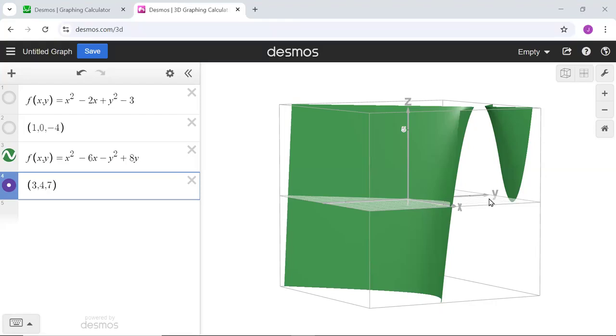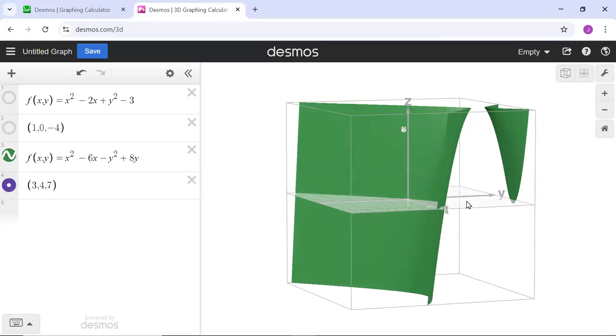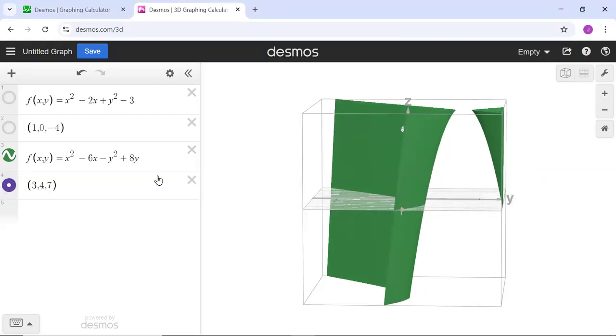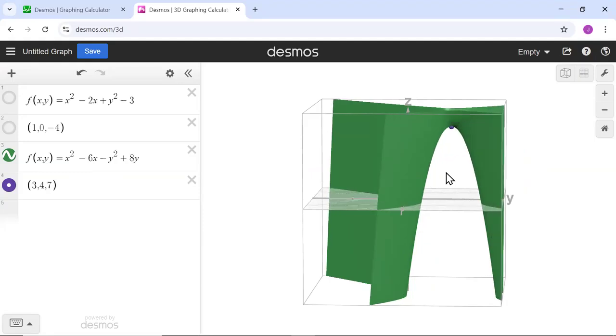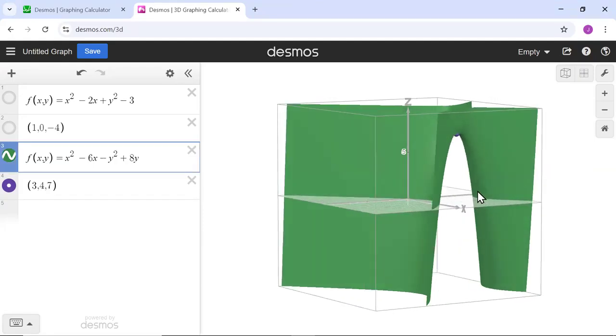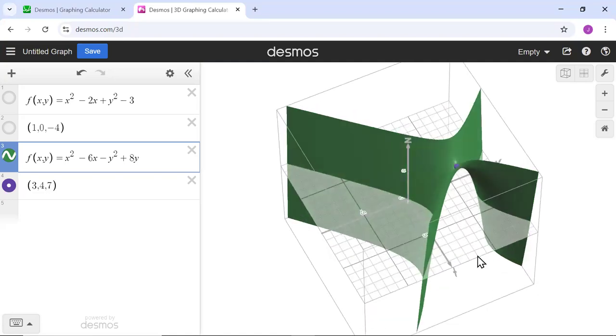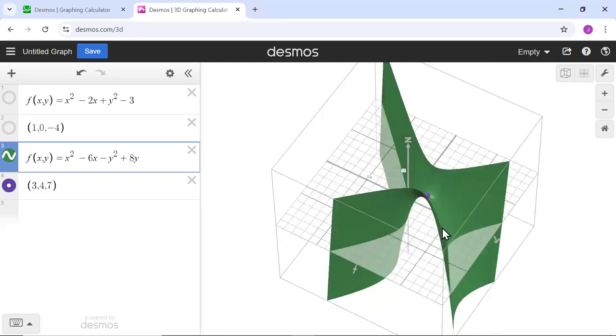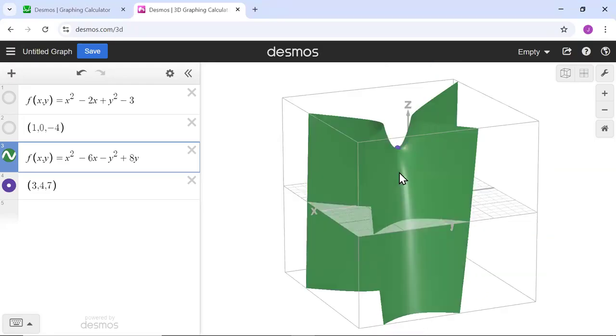So I've graphed this function along with the point so I can visually see it. Now, it's kind of off of my graph right now, but if I scroll out a little bit, so that my X, Y, Z axis is a little bit heavier, I can see this point there.